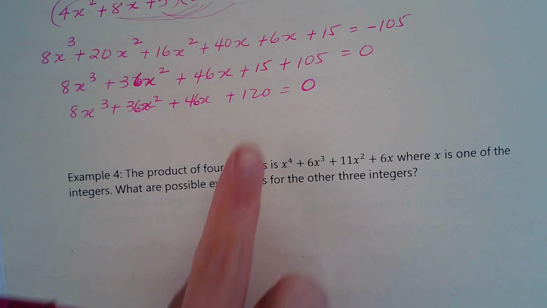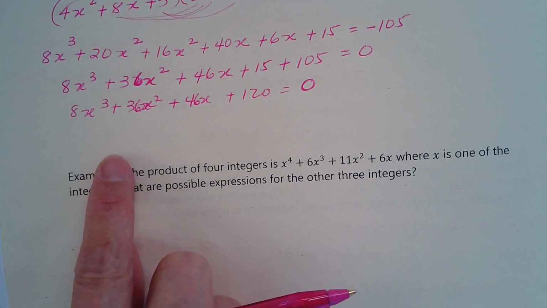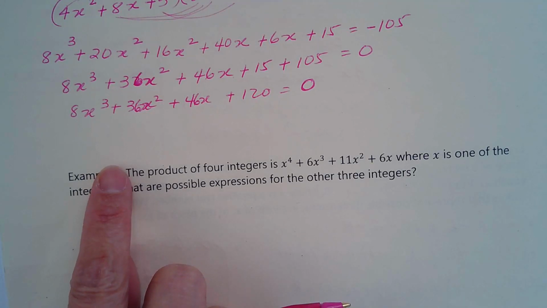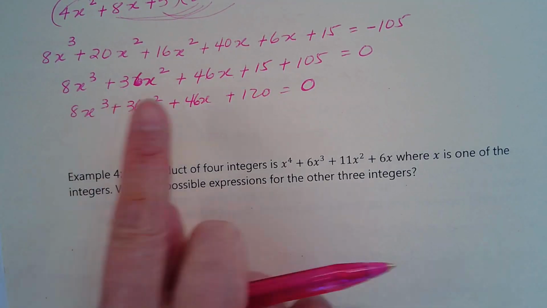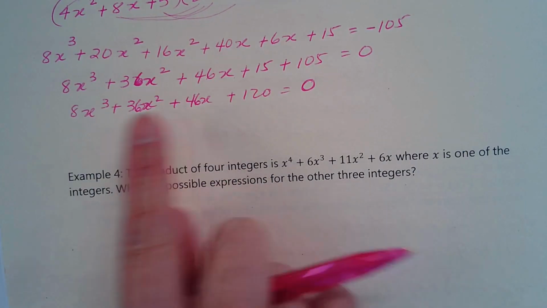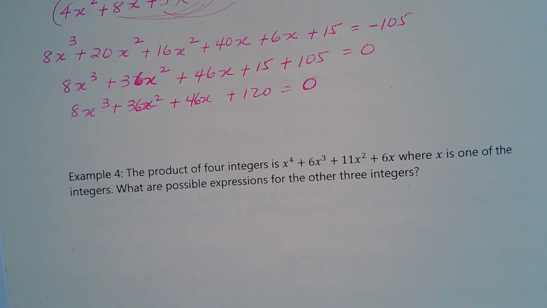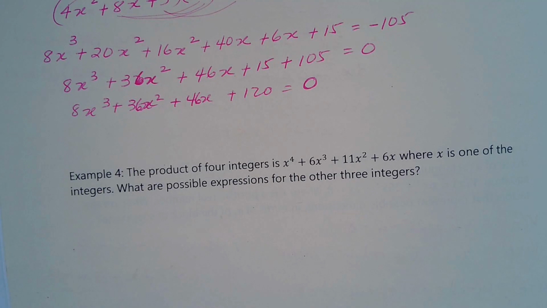Now it's such a big number, right? Before we carry on, here's what we're going to do. Do you notice that they're all even numbers? 8, 36, 46, 120. They're all divisible by 2?